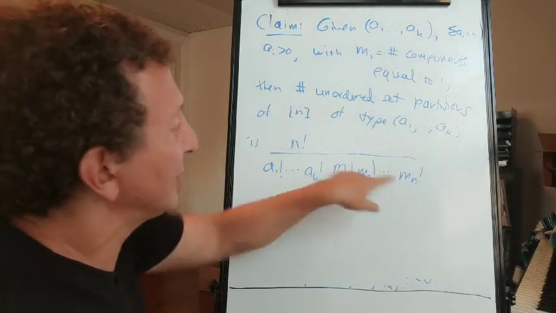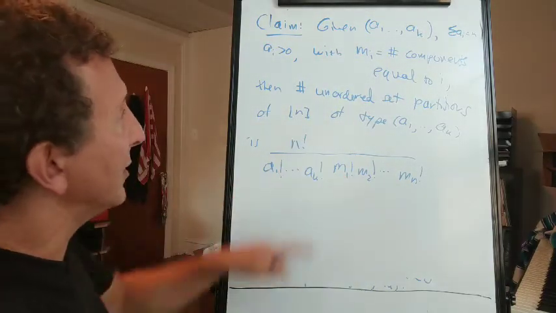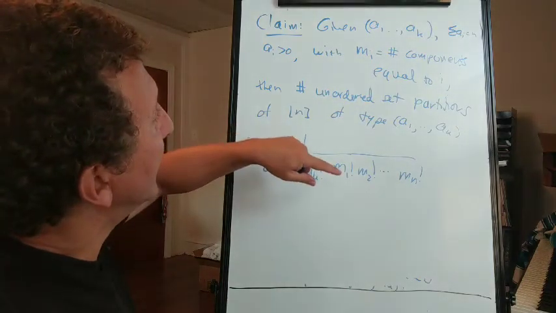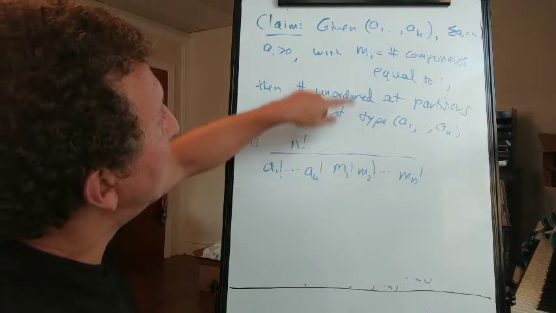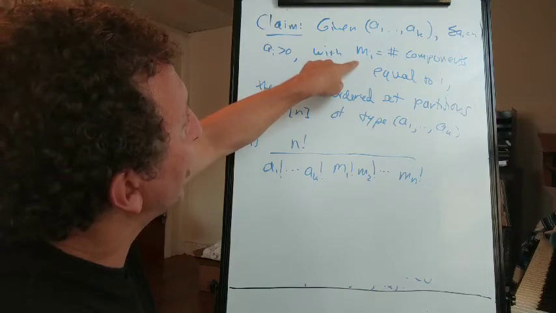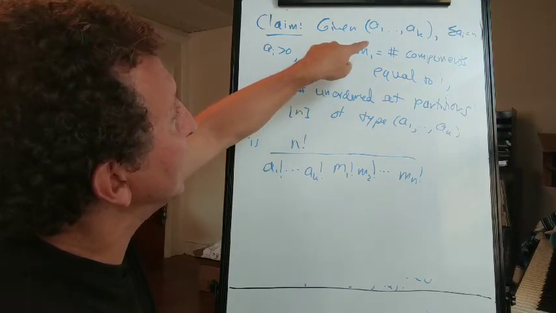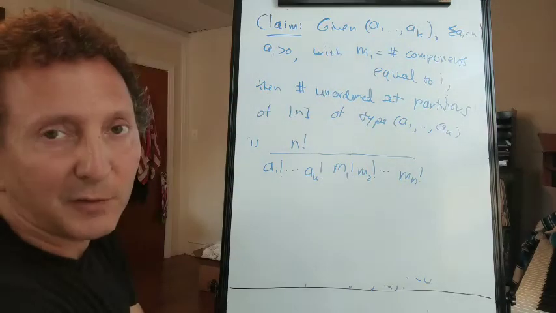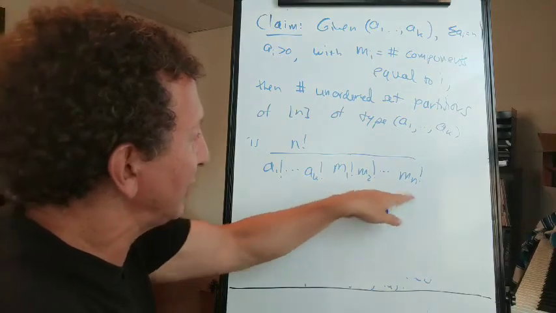Now some of these are possibly 0, so their factorials are 1. And the biggest component we could possibly have here is n, since these numbers are positive and add up to n. So we need to include up to mn factorial.